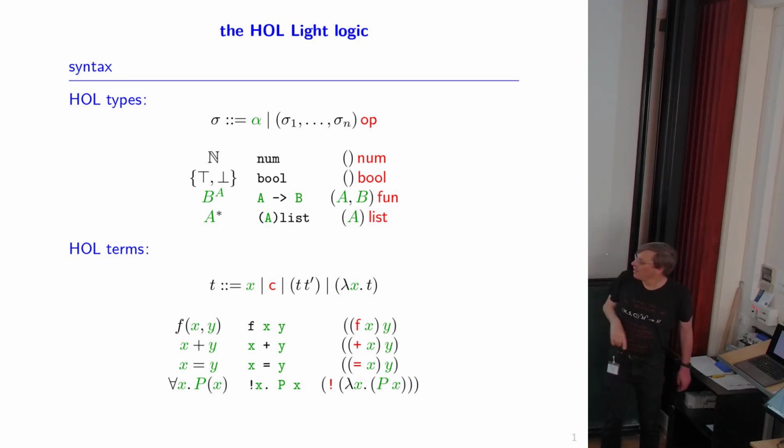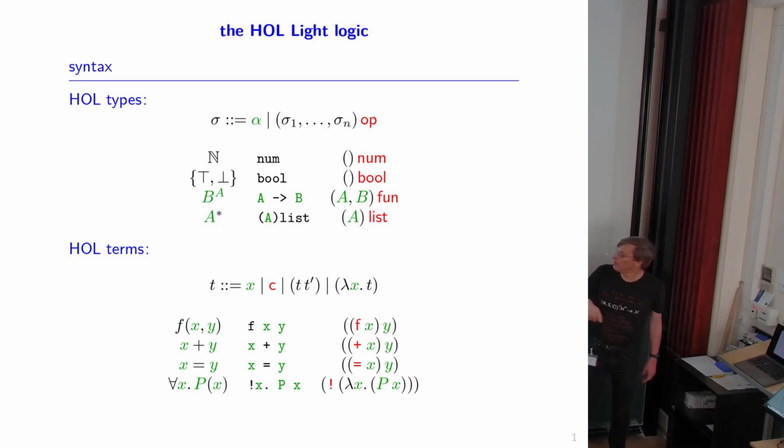Right? x plus y doesn't look like function application, but really it is function application written in infix notation. We have a function plus, that goes from natural to natural to natural. I apply it to x, then I have a function. So this is partially applied plus. It means if I do the plus of 3, that means 3 plus x, right?